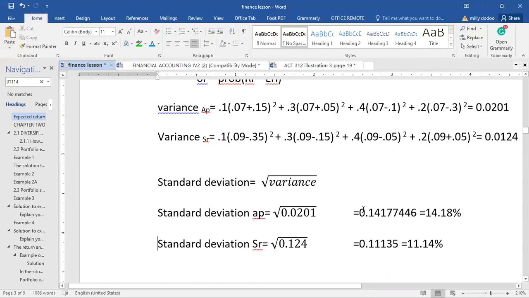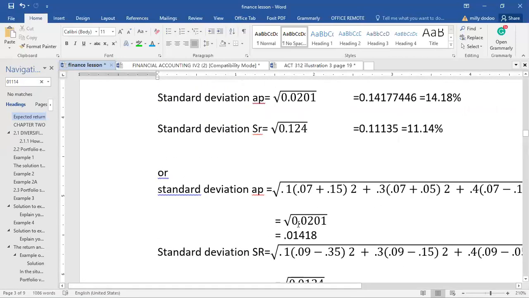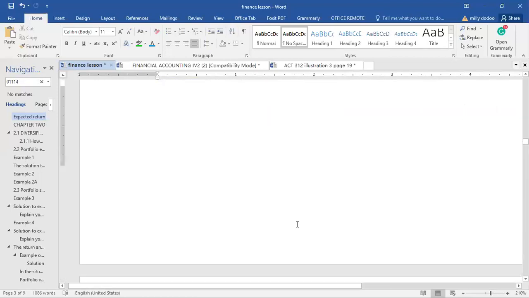So we took the square root of this particular variance we had over here, and then we got a standard deviation of 14.18. And that very day, I told you this particular illustration will be used to solve a lot of questions in this handout. The reason is for you to appreciate the differences and the similarities among whatever we are saying, so that you see that for one investment, depending on where you find yourself and whichever variables you have been given and whichever result you want, you know how to manipulate your variables to get your answer.